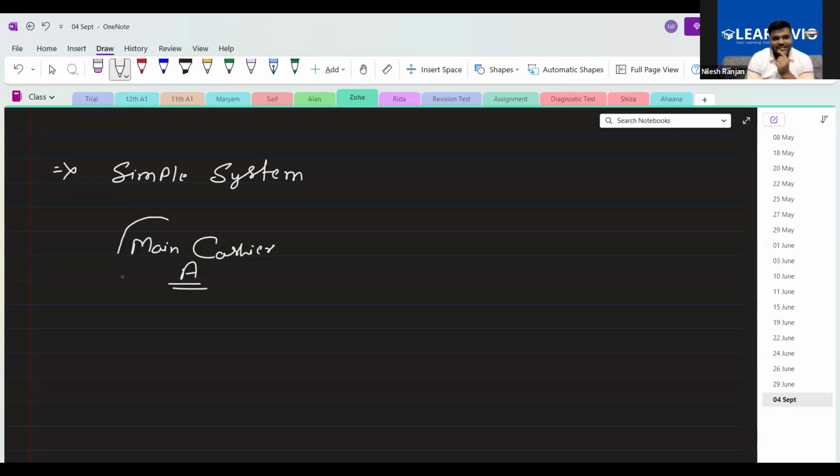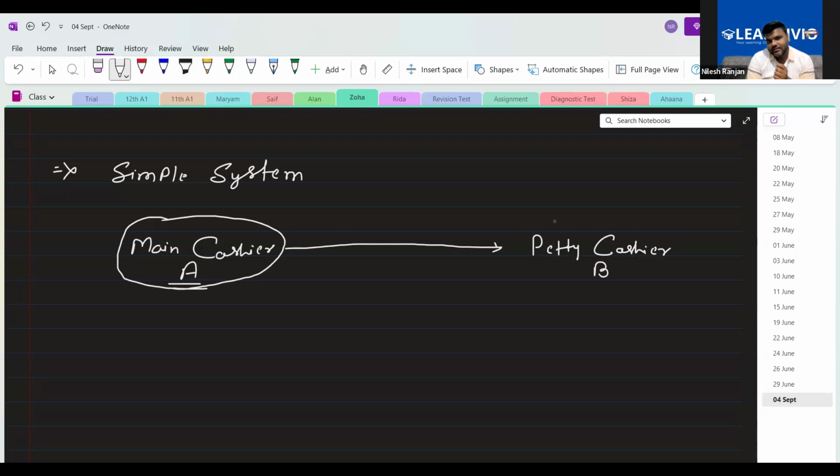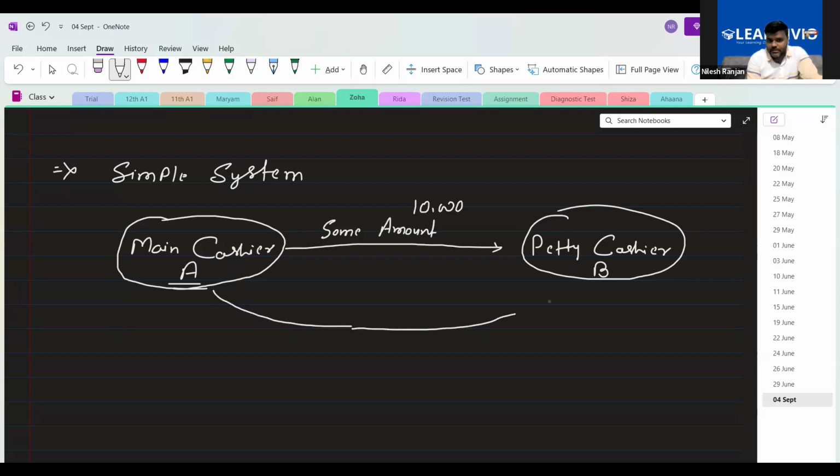So main cashier is A and he has given some amount to petty cashier B. I'm not writing a fixed amount because the amount can be different in the simple system. Let's say 10,000.